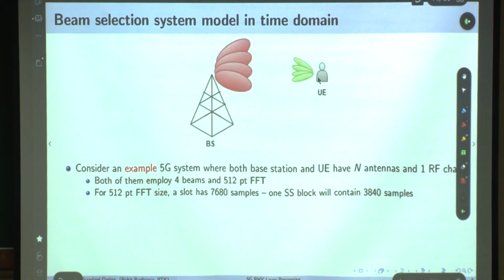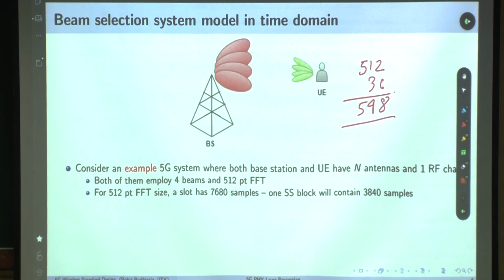This is 512 FFT plus 36 CP length, 548 samples it will have, that is each CP plus the FFT length. Then the first symbol will have some additional samples to make it 7680.